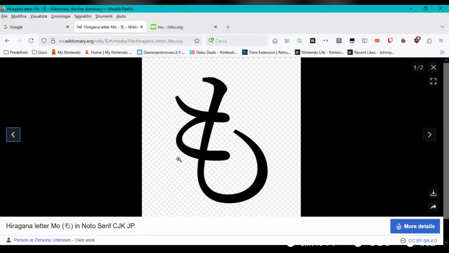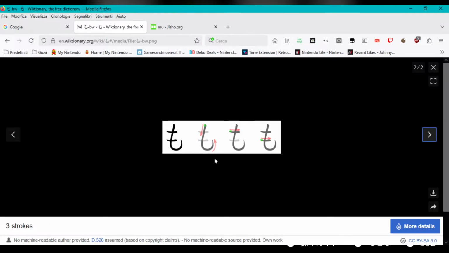Here it's even united by this stroke, but as we have seen here, usually that isn't the case. Top to bottom, left to right, left to right. The second and third stroke are separated, luckily. It's much easier that way.